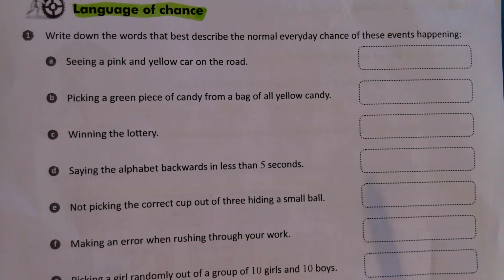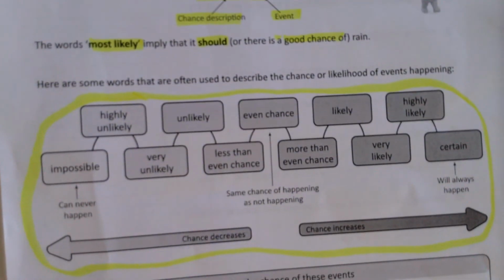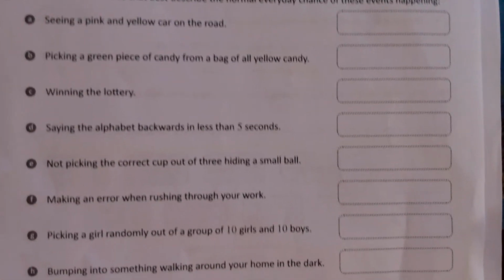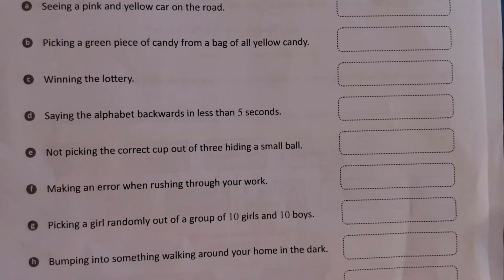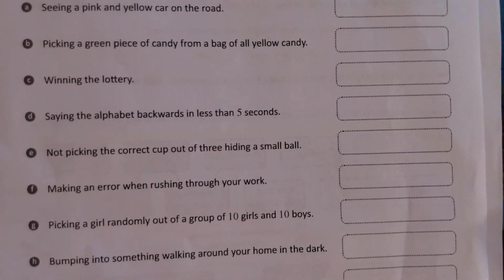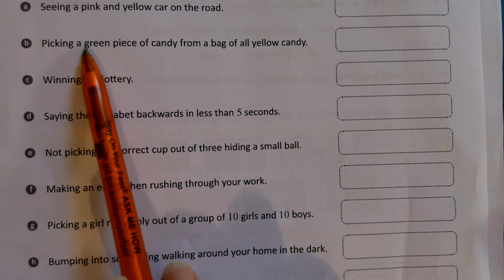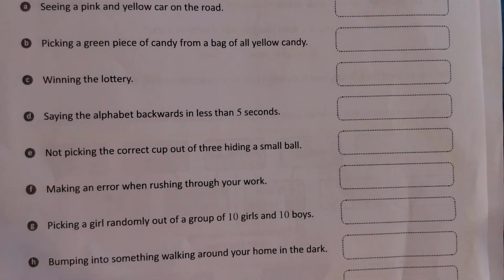So you need to go through all of these carefully, of course referring back to your chart for the language. Think about the possibility. B is pretty easy, I think. There's only yellow candy. It's impossible to find a green one.